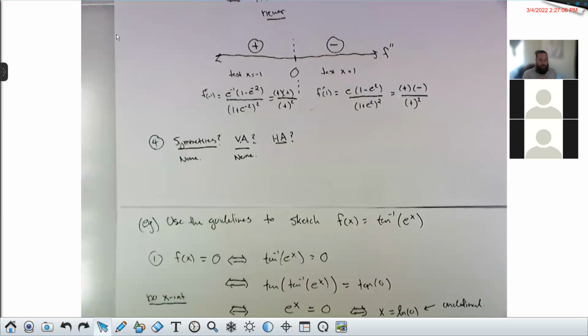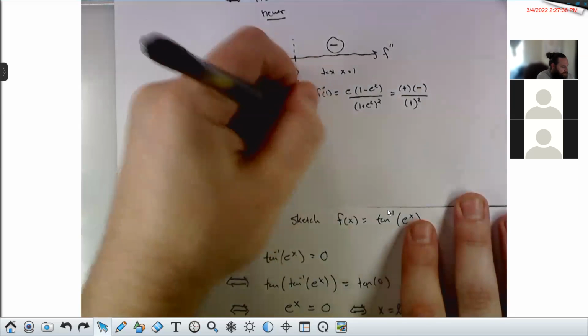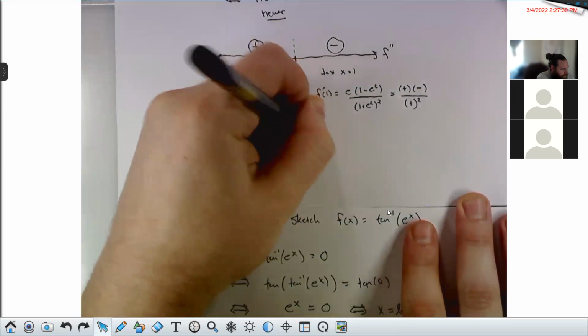There is something like that for rational functions, where you look at the degree of the top and the degree of the bottom and take the ratio of lead coefficients if those degrees match. Canceling factors top to bottom, that creates a hole. But horizontal asymptotes for functions like this, where we're not looking at a rational function, right? The inverse tangent of e to the x, that's like inverse trig and exponential, so no polynomial stuff here. We have to do it the standard way, which is to take the limit as x goes to positive infinity and as x goes to negative infinity.